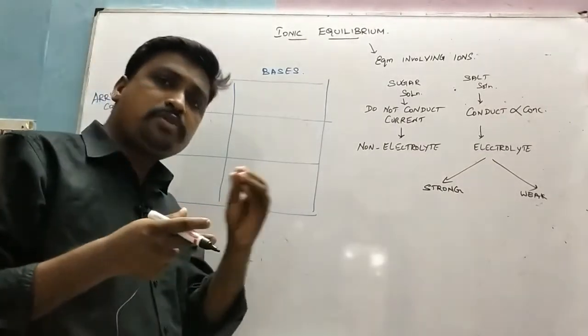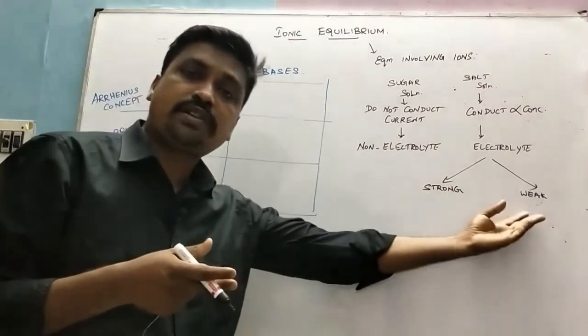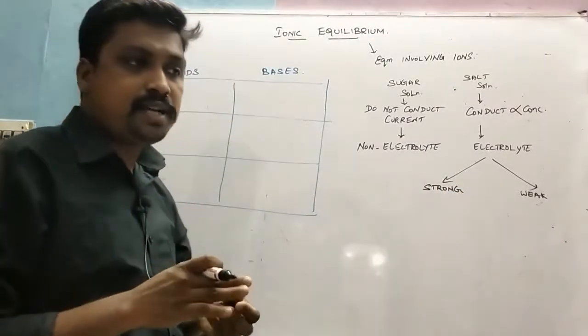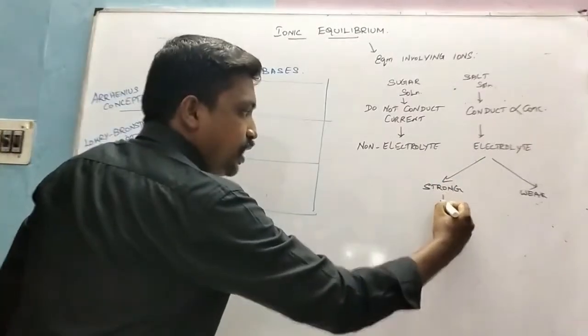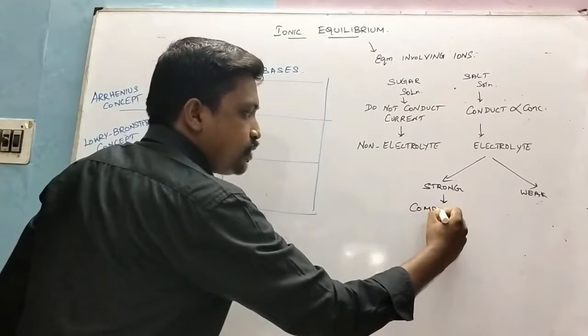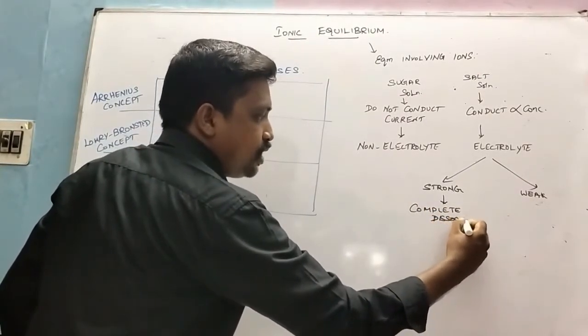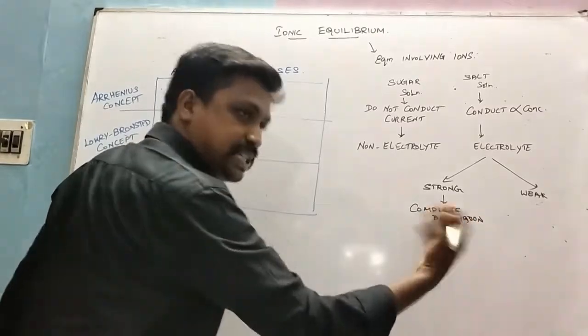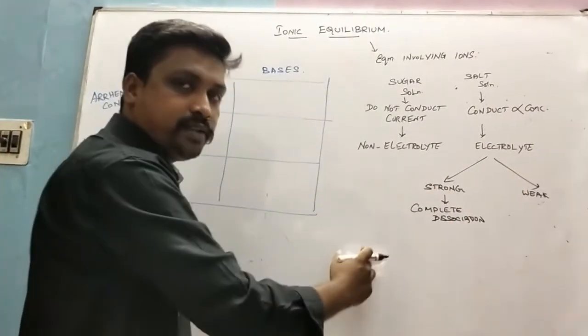Some solutions show more conductivity and some solutions show less conductivity because of the dissociation of the ions. The solutions which show complete dissociation have more conductivity, and Michael Faraday called them strong electrolytes, right?